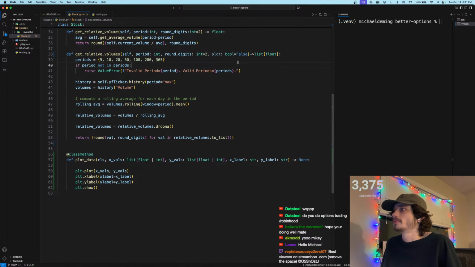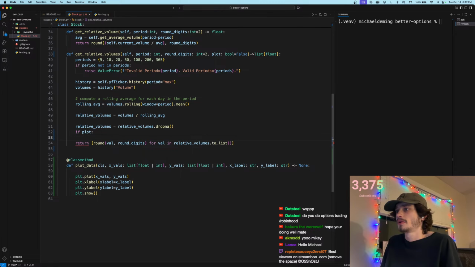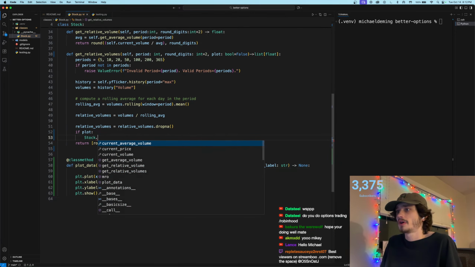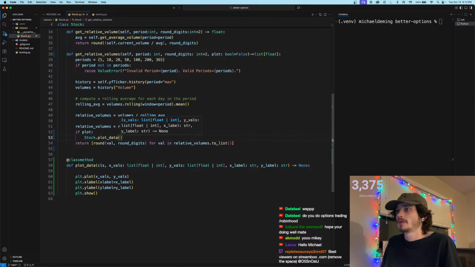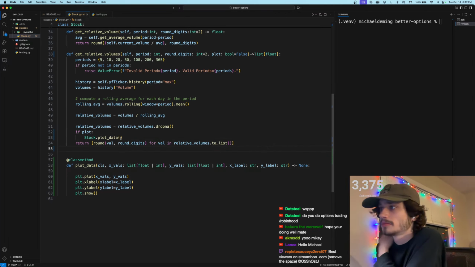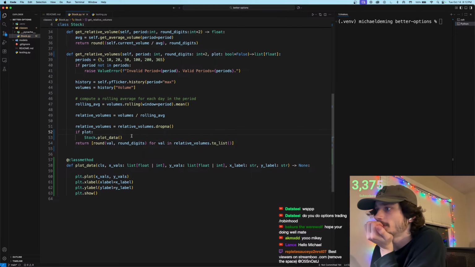right? We're going to say if plot, call stock.plot data, and we'll call period, which is the integer that we're getting relative volumes over, right?